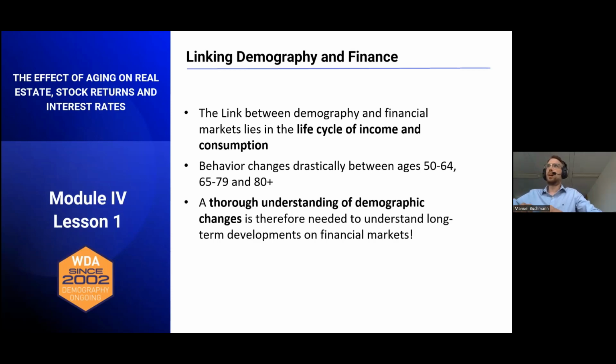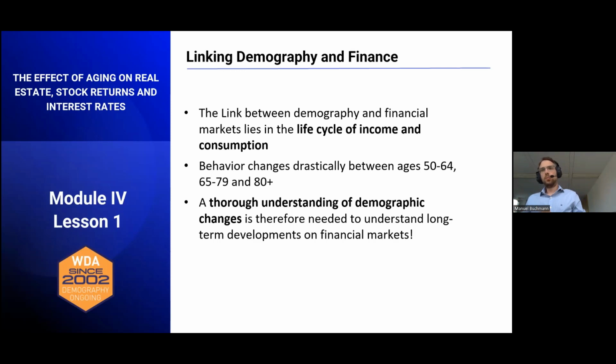So how does income change over the life cycle, and how does consumption change over the life cycle? This very directly affects how much is saved at what age, how much is invested at what age, and this in turn affects financial markets.